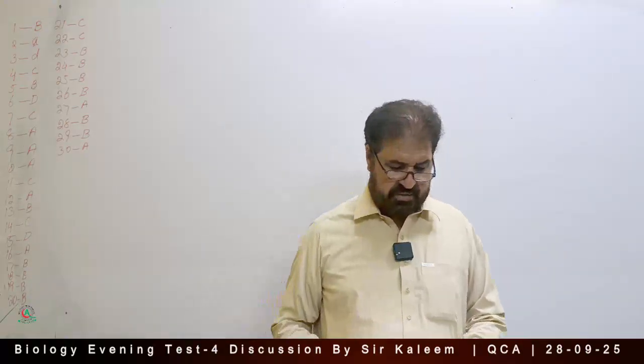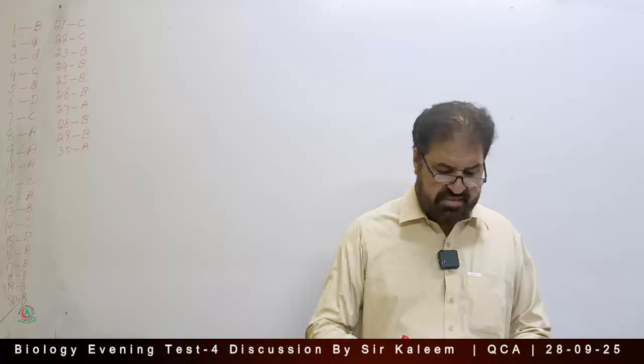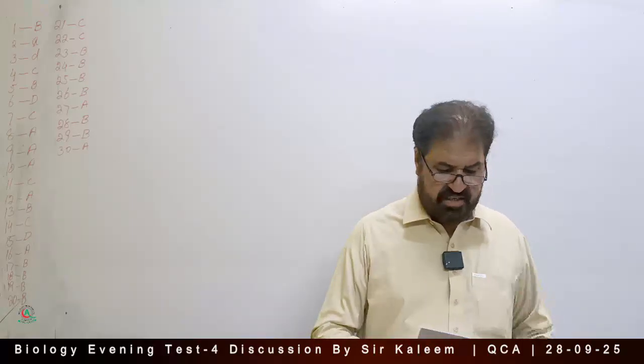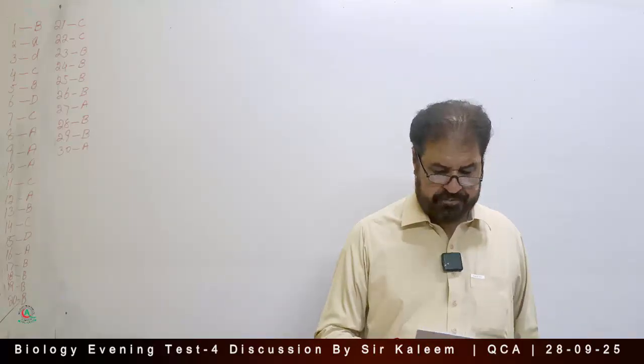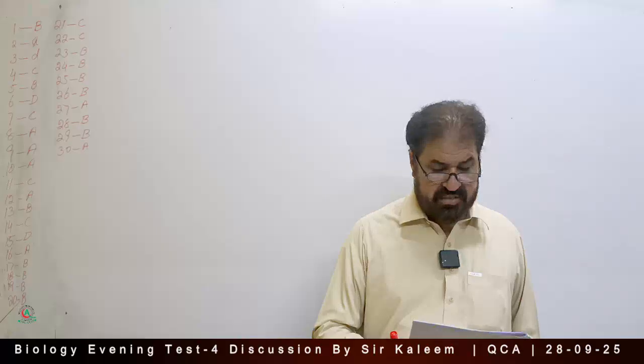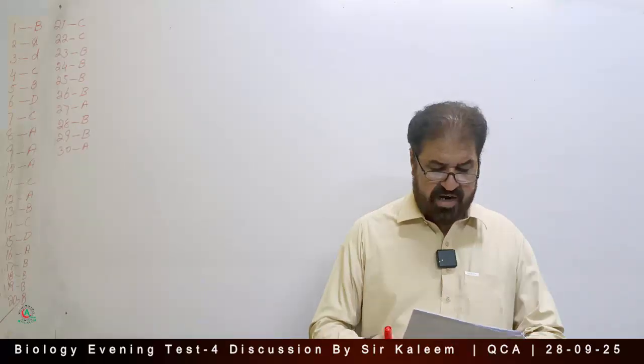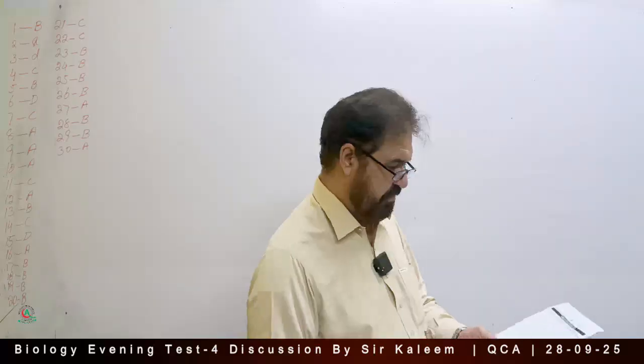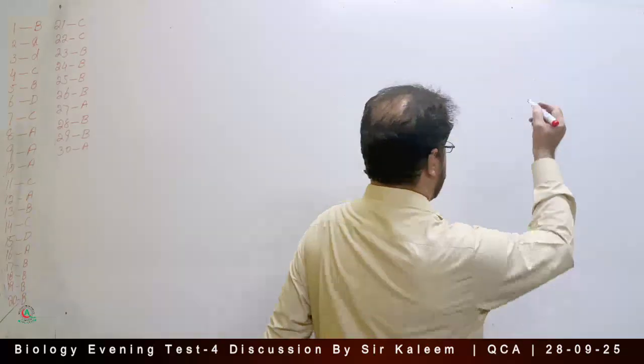Question number 31. If a homozygous white-eyed Drosophila female is crossed with a red-eyed Drosophila male, what is the probability of male offspring having white eyes?